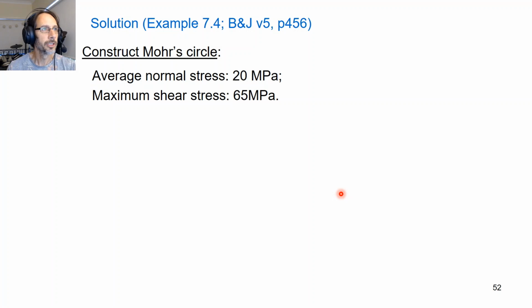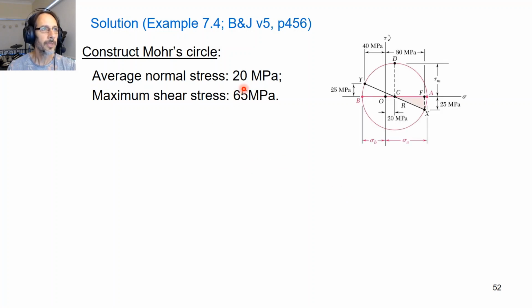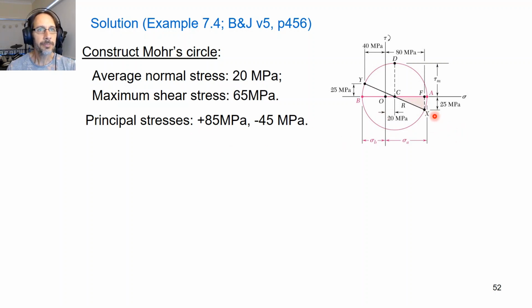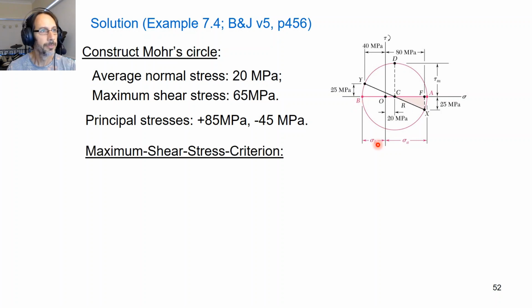So first thing to do is construct Mohr's circle. From our stresses, we can calculate the average and the maximum shear stress, and then from that, we can get our principal stresses. In this case, we have 85 as our maximum principal stress and minus 45 as our minimum.